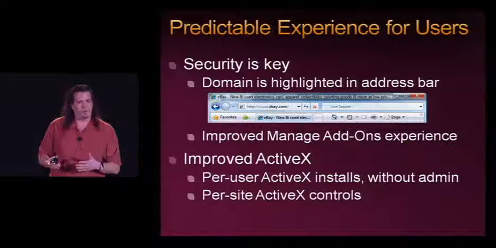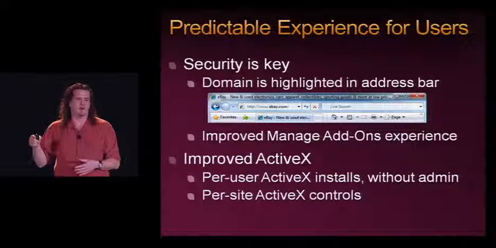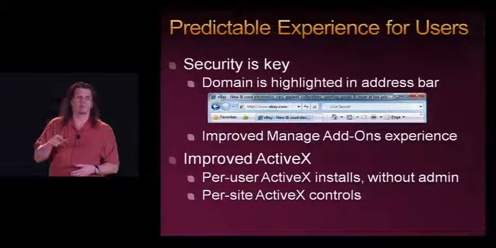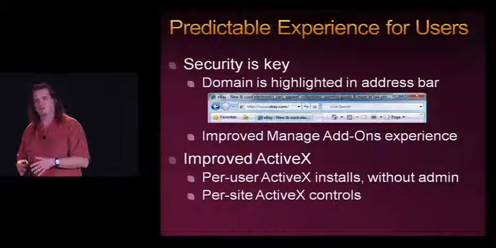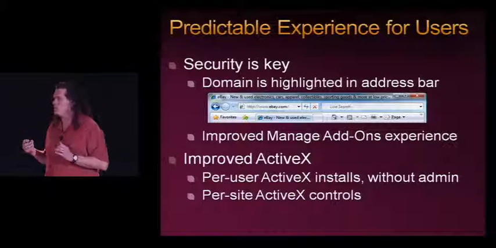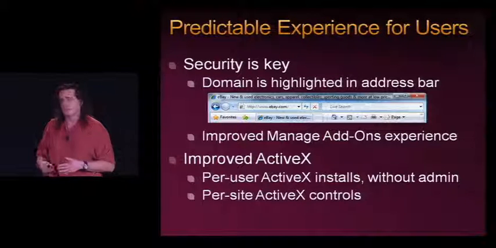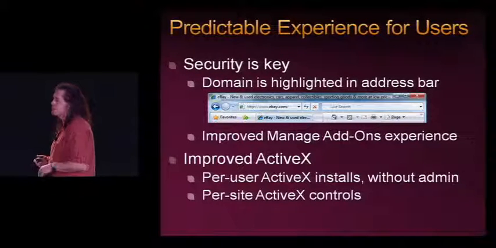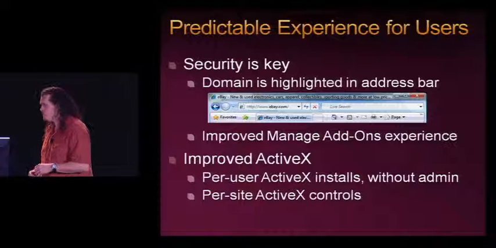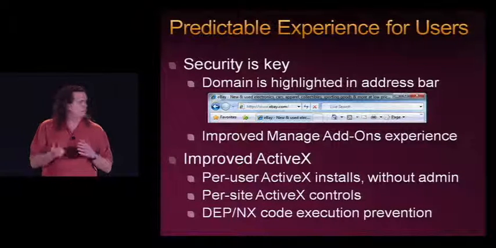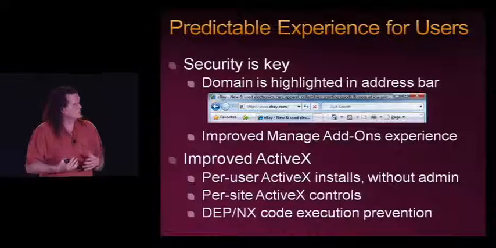Secondly, with ActiveX controls, users can actually say, I only want this ActiveX control for this site, not for all sites that are allowed to script ActiveX controls, but just for this particular site, which obviously helps target where this control can be used. And finally, just sort of leveraging some of the work that's in Windows Vista.